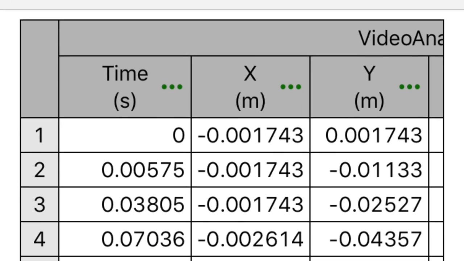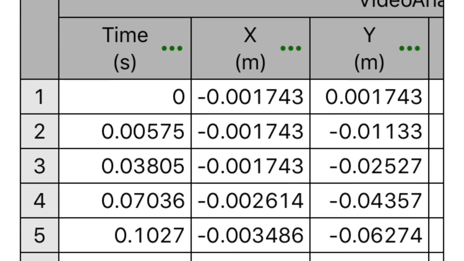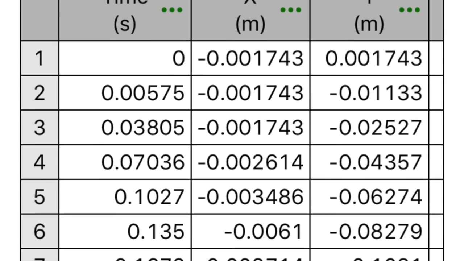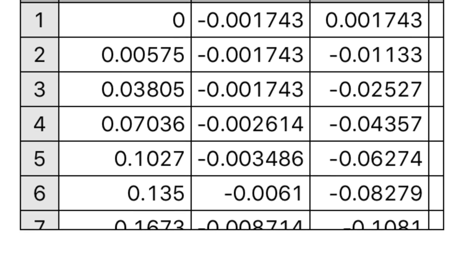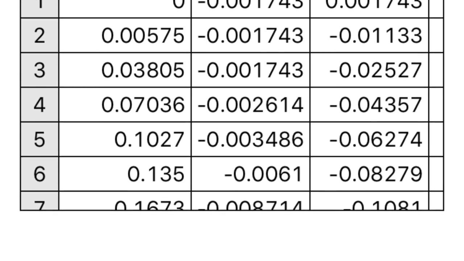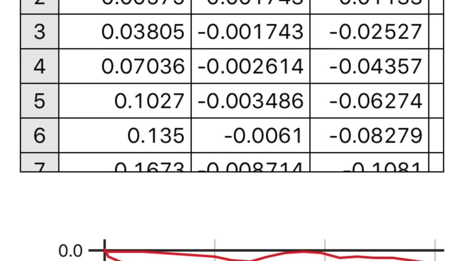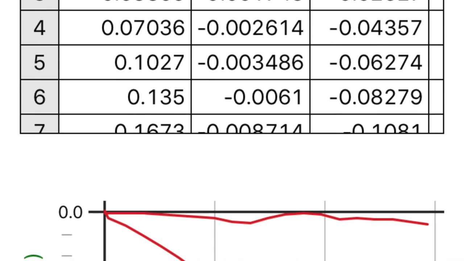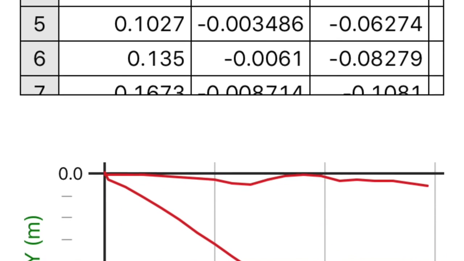It measured how much time had passed from one dot to another, and it automatically gave us the position of the marble with respect to that time, and it also gave us a graph of position versus time.